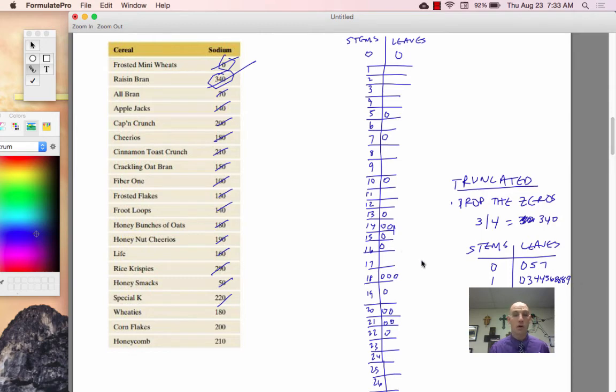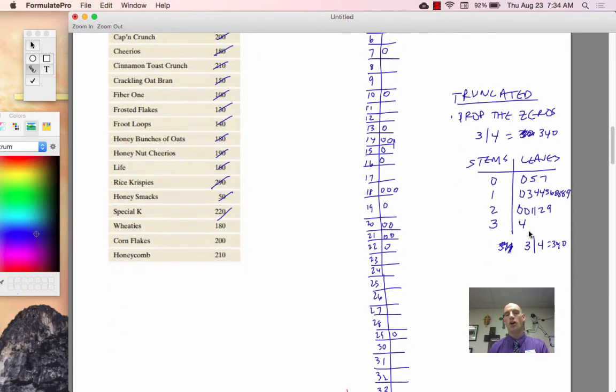And 1, 9 would be 190, right? So then in my 200s list, I've got a couple 200s right here. I've got a 210, another 210, a 220, and a 290. In my 300 level, I've got 3, 4. So my key would be 3/4 is 340. That's a way to truncate it.